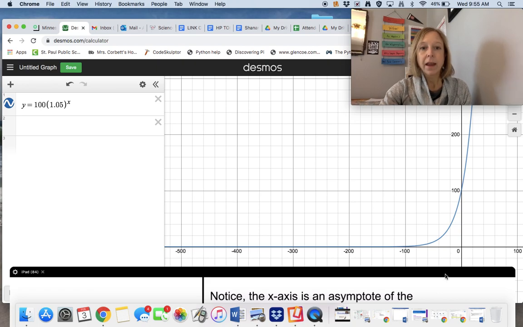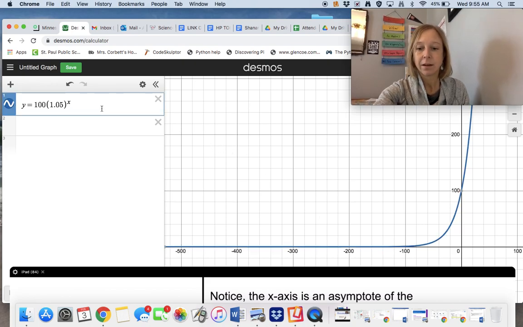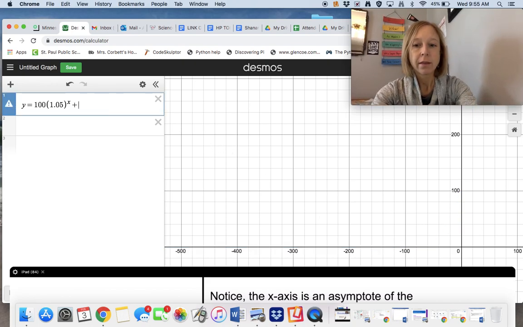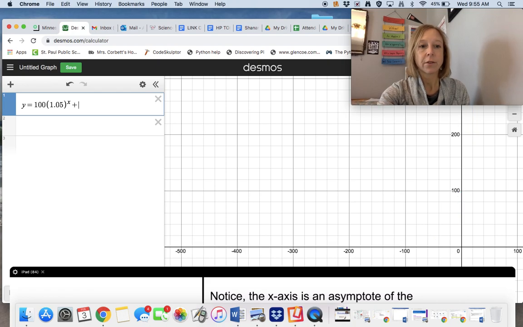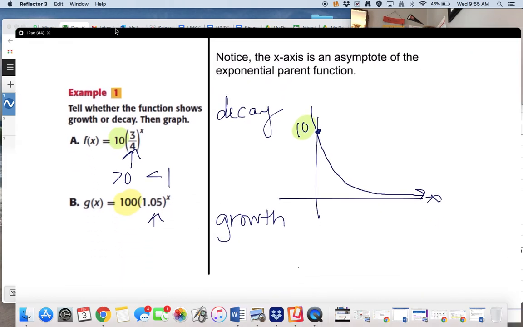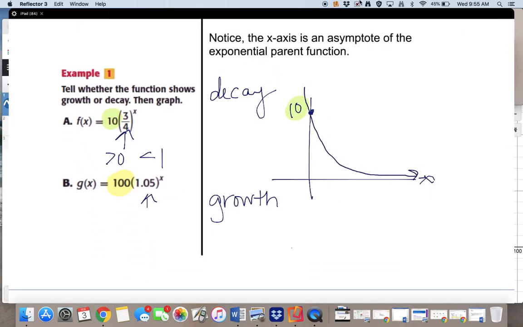Now, in order for that asymptote to shift above or below the x-axis, we would expect to see a shift in our function, right? So we would expect to see a plus or a minus at the end here. That's how you'll know that your asymptote is something other than 0. All right, let's make a nice sketch of this graph, and then we'll look at one application.